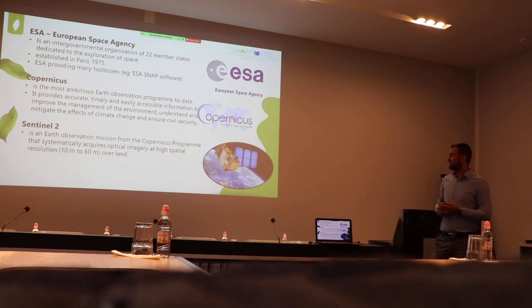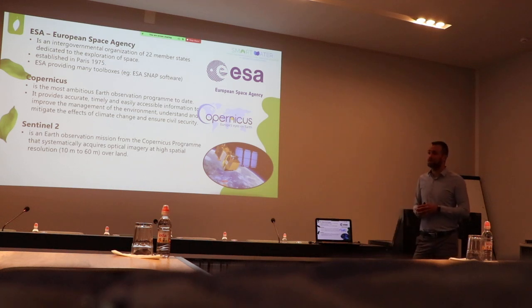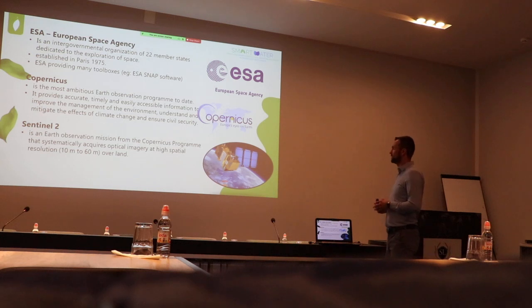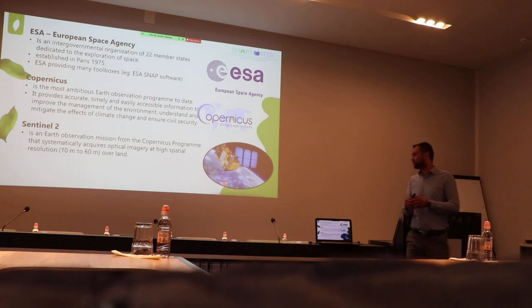For example, there is very useful software called ESA SNAP, and within the European Space Agency there is one very ambitious Earth observation program to date, and within that program there is a mission called Sentinel-2 that systematically acquires optical imagery at high spatial resolution from 10 meters to 60 meters over the land.